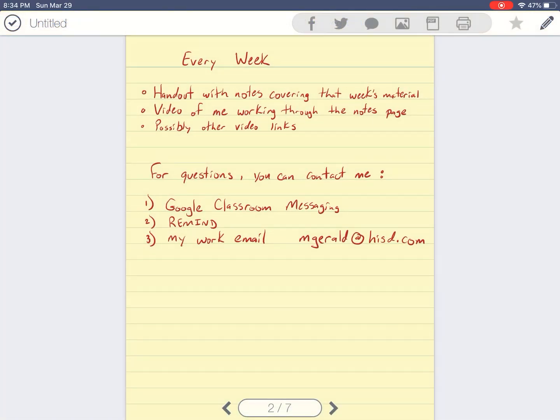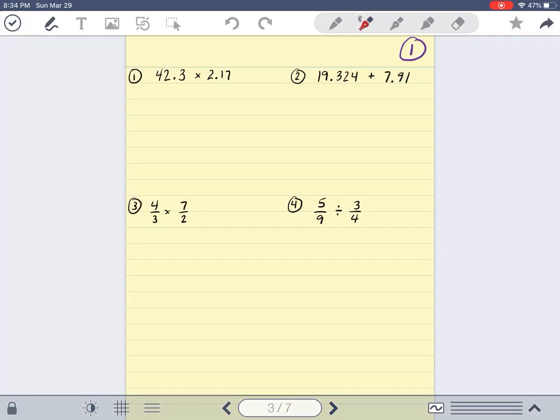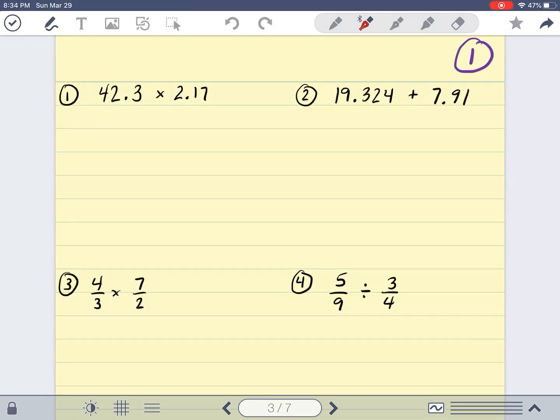Let's take a look at some problems here. I want to remind you about multiplying decimals. When you multiply decimals, write this down.